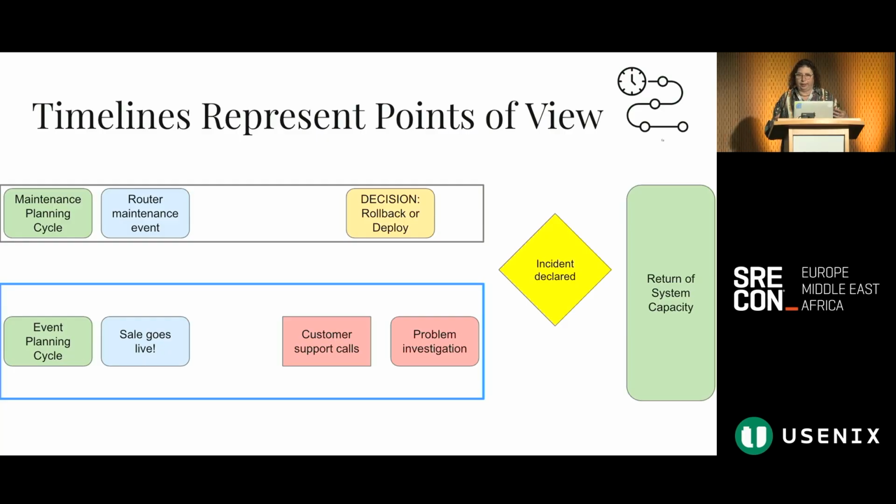And that's going to shape the narrative that we're going to tell about the incident review. The linear timeline can reveal and also obscure experiences that were had at the time. I'm not going to say much more about timelines, but I'm going to move on and talk about system diagrams.